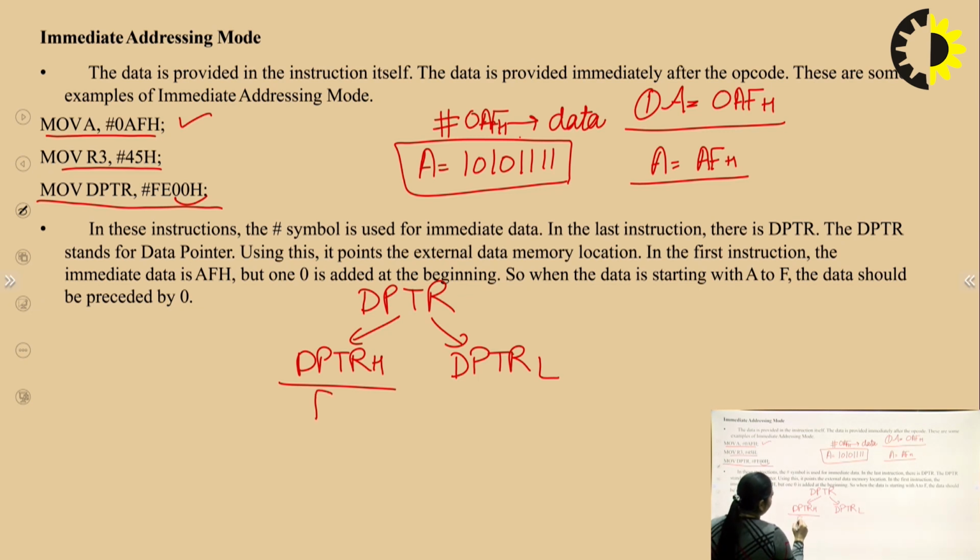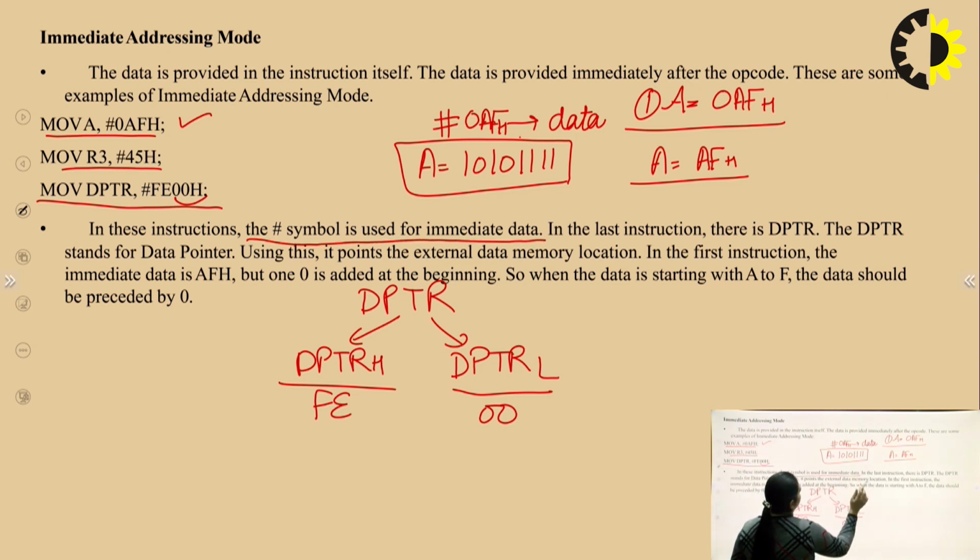So here FE will be transferred to the higher part and 00 to the lower part. And in these instructions, the hash symbol is used for immediate data, and 0 is preceded with the hexadecimal numbers.